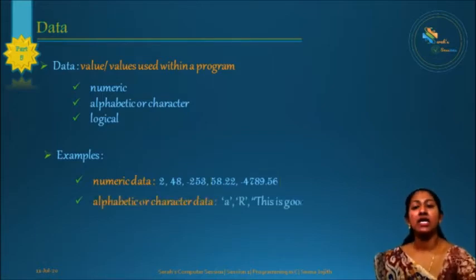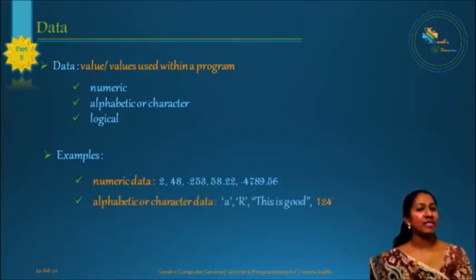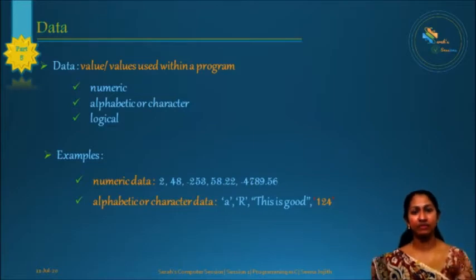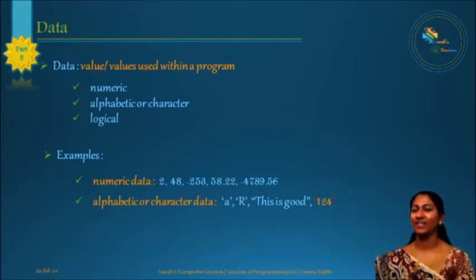Now the next example is for alphabetical or character data. See the examples: A, R, a phrase. This is good, a phrase. Oh, I've written some digits inside the example. Did I make a mistake? No, it's not a mistake.